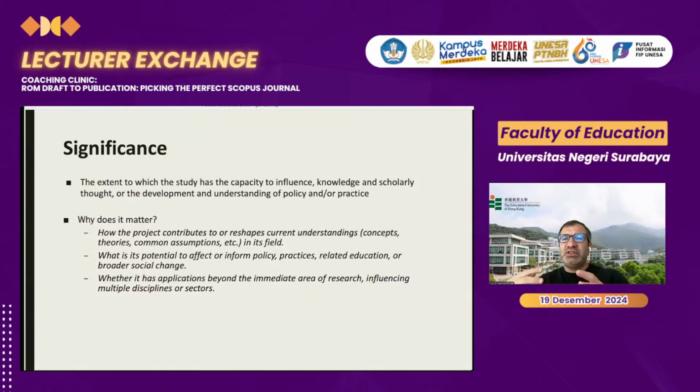Sometimes people just repeat the findings in the discussion without showing how these findings are important, how they have implications for different sectors and practitioners, and how they contribute to the literature. Those are the things you have to emphasize in the significance in the discussion.